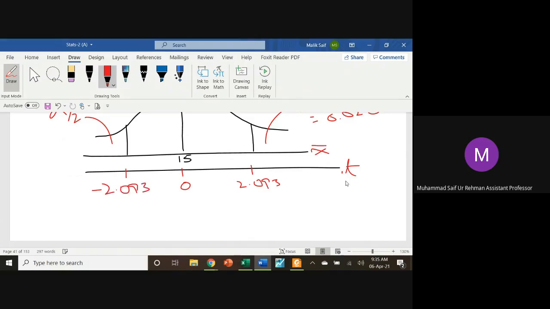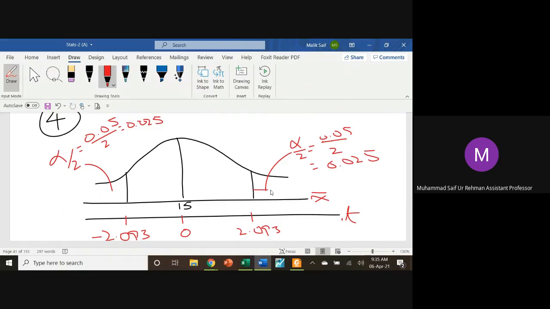Fine. So now you know this area is the rejection region, and this whole area is the region where you will remain unable to reject the null hypothesis, or you may say that this is the acceptance region for simplicity.